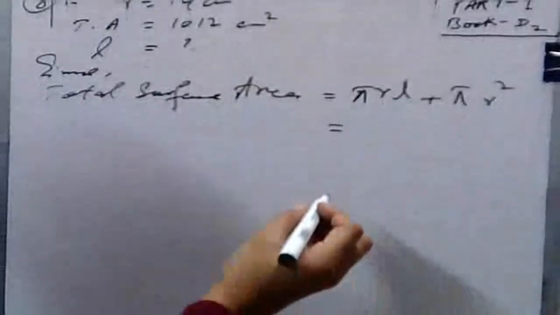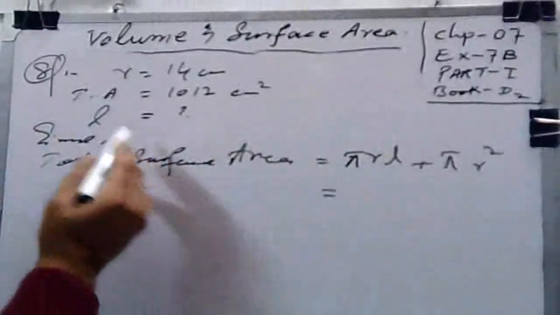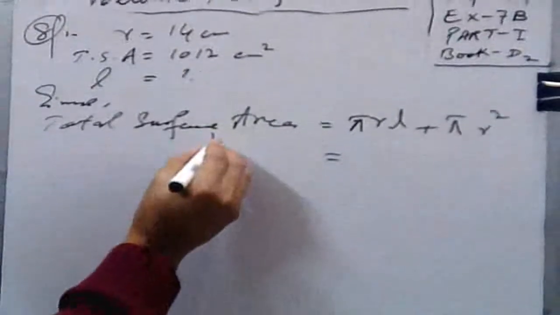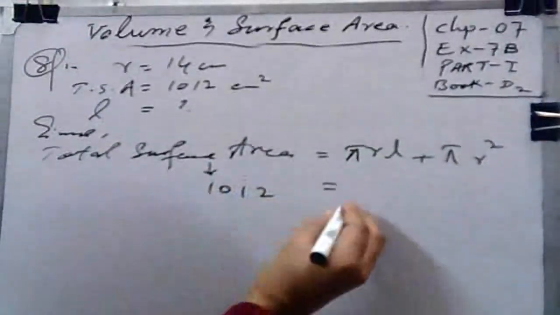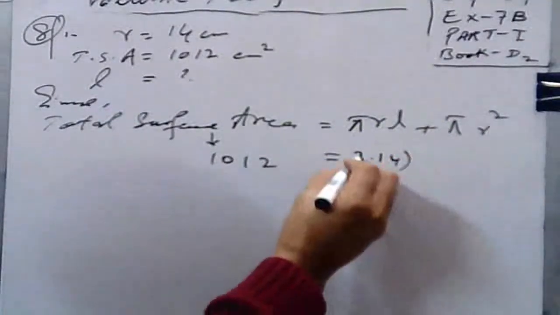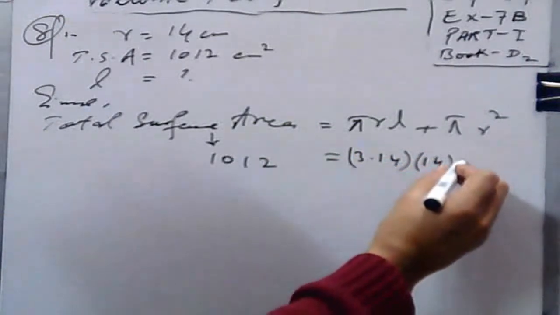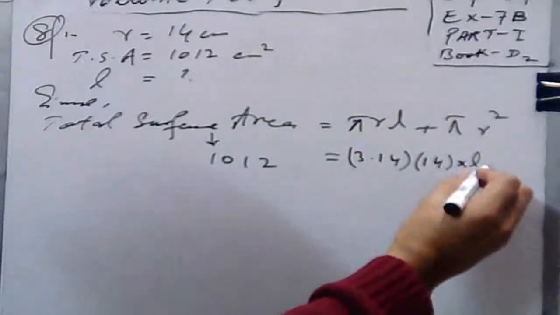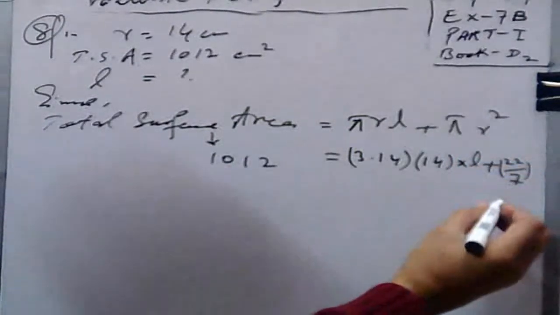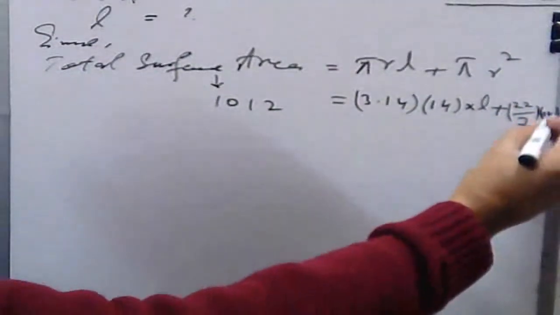Total surface area is given to us, so we put here 1012. The value of pi is 22 by 7, and the value of r is 14, multiplied by L, plus pi, that is 22 by 7, and r is 14, that is 14 square.